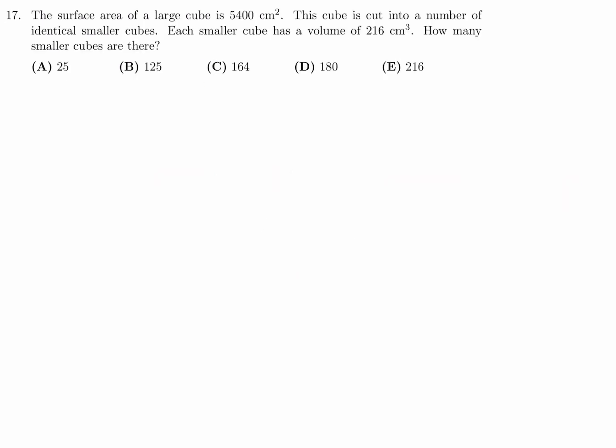The surface area of a large cube is 5,400. This cube is cut into a number of identical smaller cubes. Each smaller cube has a volume of 216. How many smaller cubes are there? So the surface area is equal to 6 times the area of one of the faces of a cube.